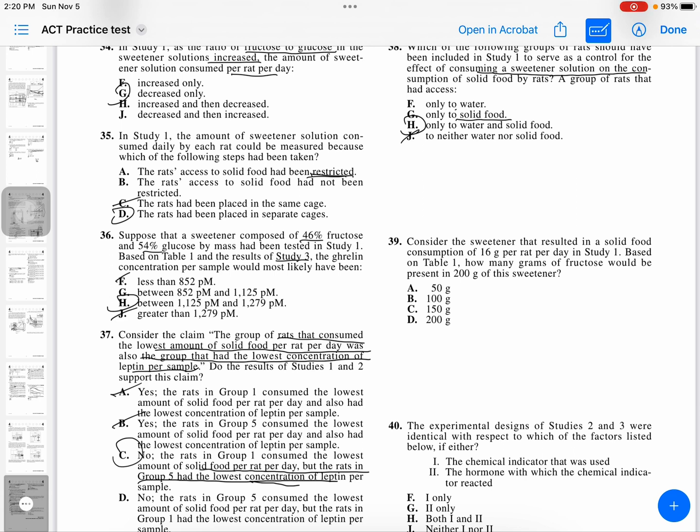Consider the sweetener that resulted in a solid food consumption of 16 grams per rat per day in Study 1. Based on Table 1, how many grams of fructose would be present in 200 grams of this sweetener?